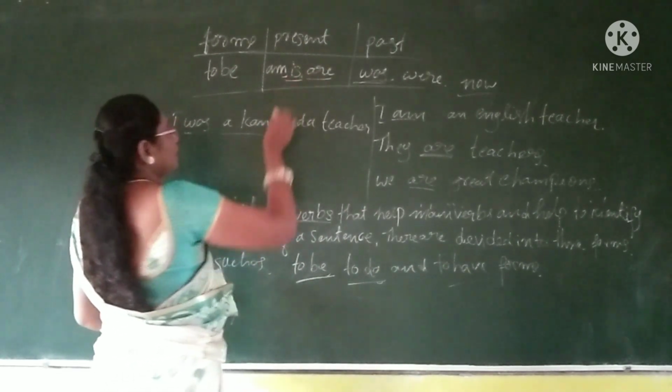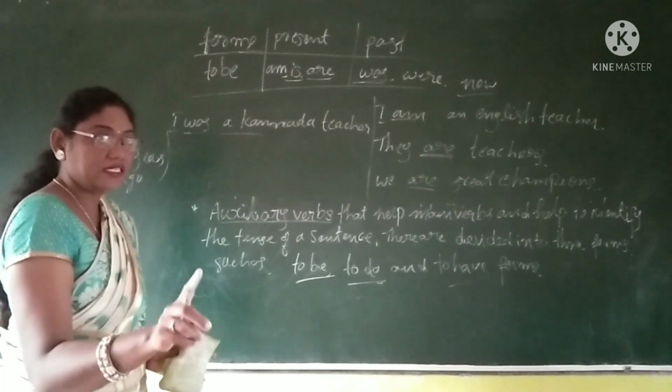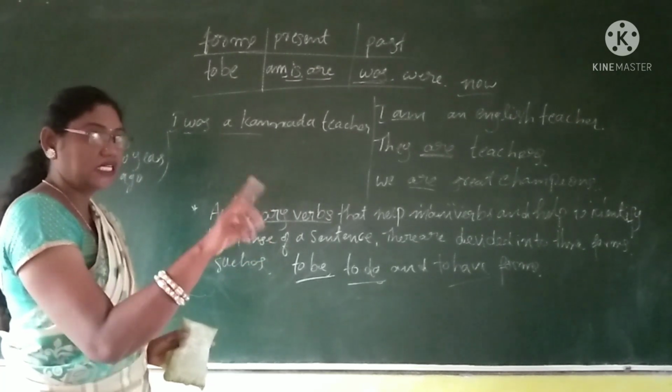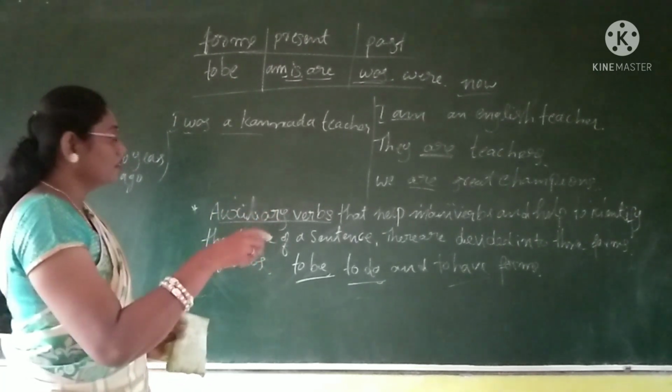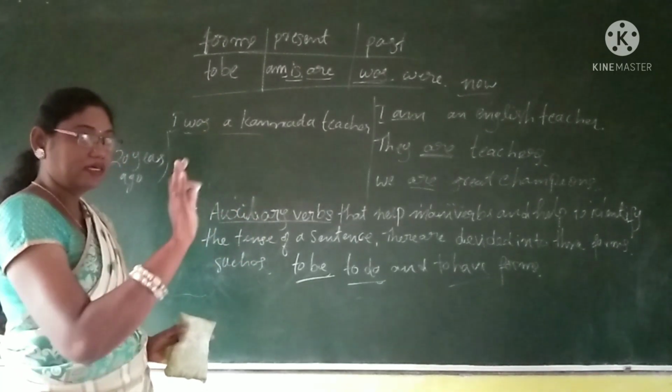See, we use "is" as a helping verb in present tense for the subjects it, he, she. Then we have to use "was" in the place of "is". That's it. Only that is the difference.